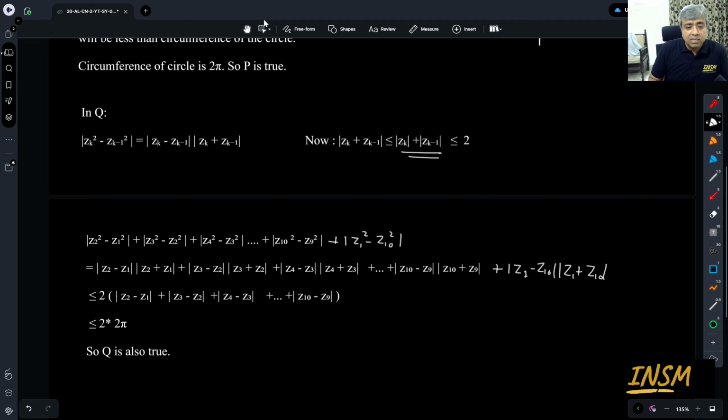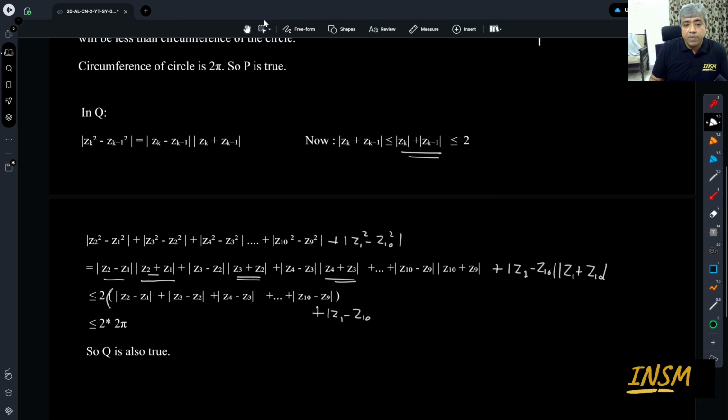Now, applying this given inequality, all these terms which contain the addition of these complex numbers are less than or equal to 2. So we put all these terms as 2, and this whole statement would be less than or equal to 2 times the remaining terms, which are mod of z2 minus z1, z3 minus z2, z10 minus z9, and you can also add here mod of z1 minus z10.